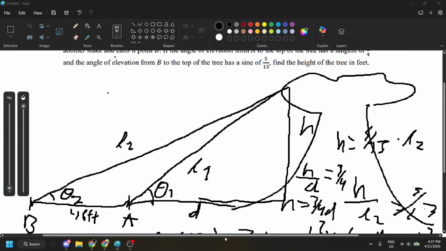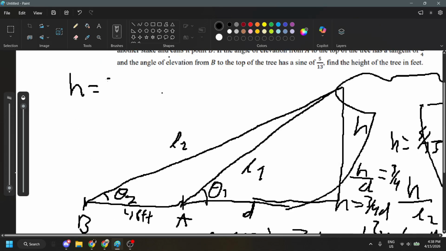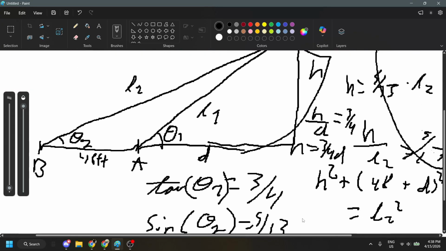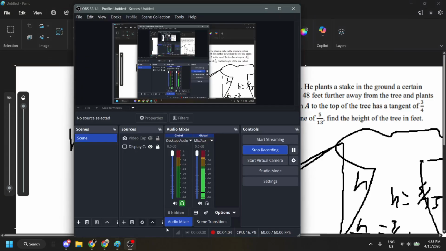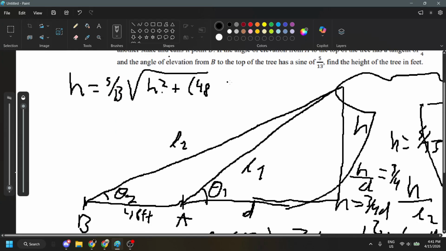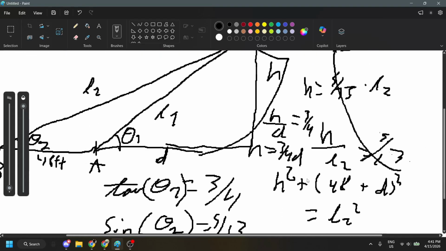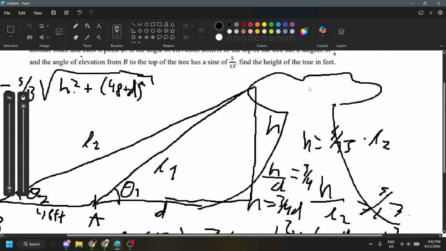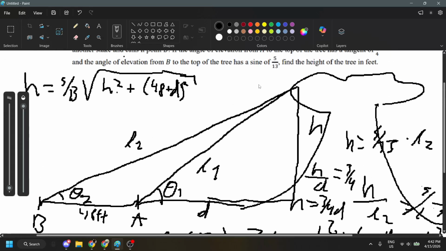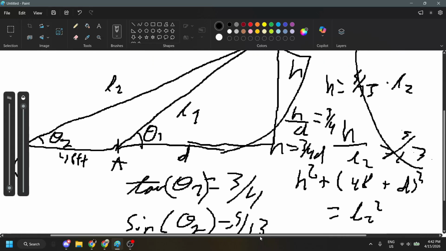So h is equal to 5/13 times the square root of h squared plus (48 plus d) squared. Sorry guys, so finishing this off. Then we just need to get d in terms of h, which we had here: h over d is 3/4.